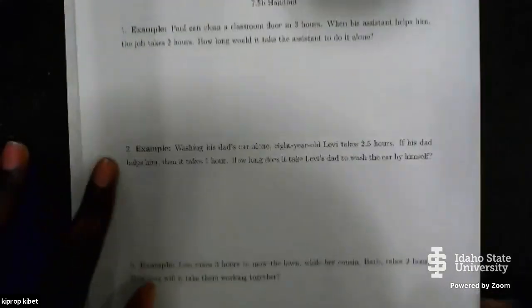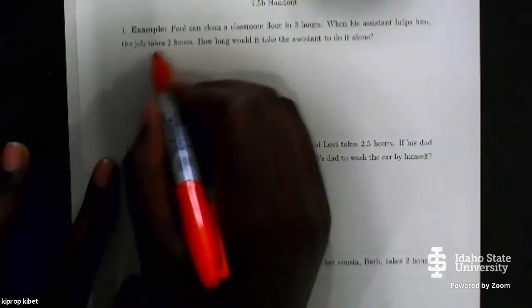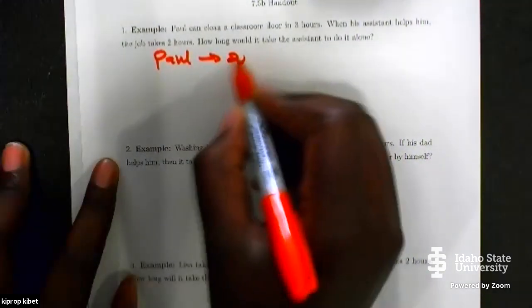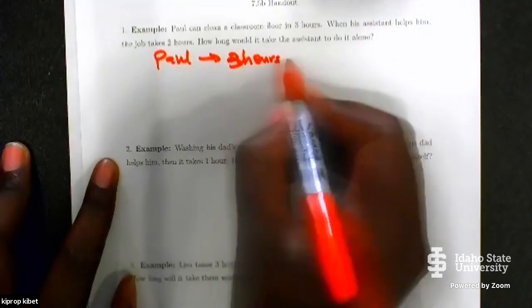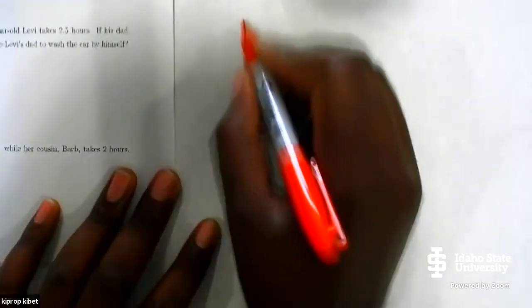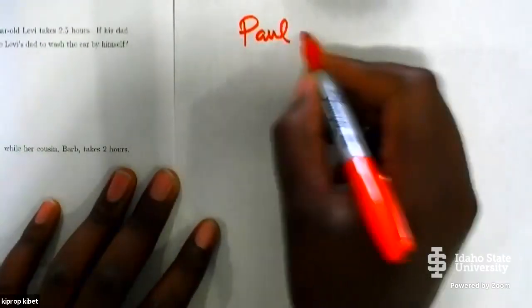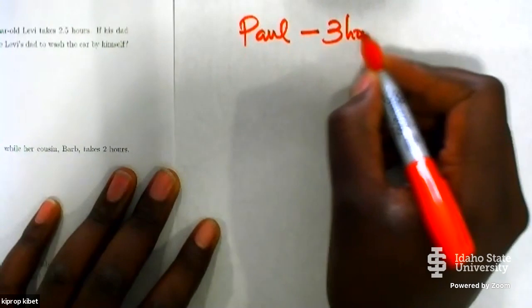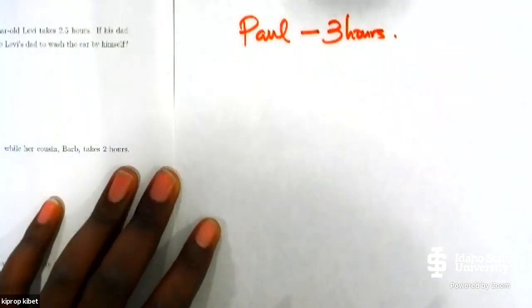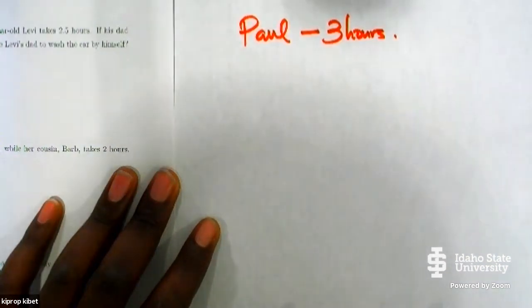Okay, so we have here Paul can take 3 hours. Then when his assistant helps him, the job takes 2 hours.